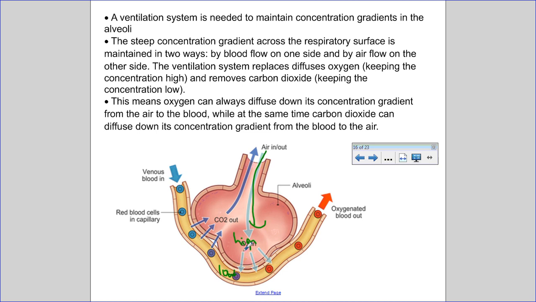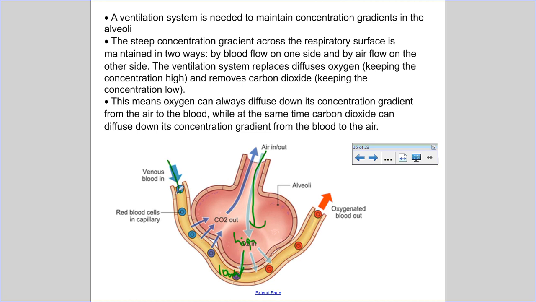So that means oxygen gas will want to diffuse from high concentrations to low concentrations. So we will naturally want to go from the alveolar space into the red blood cells waiting in the capillaries beneath it. And this will allow these red blood cells to become oxygenated.